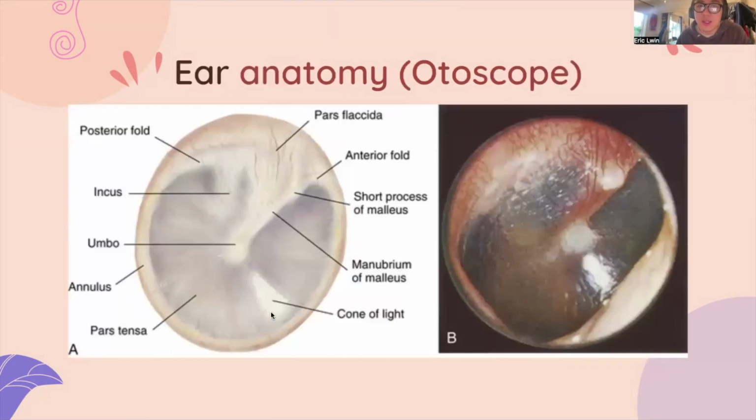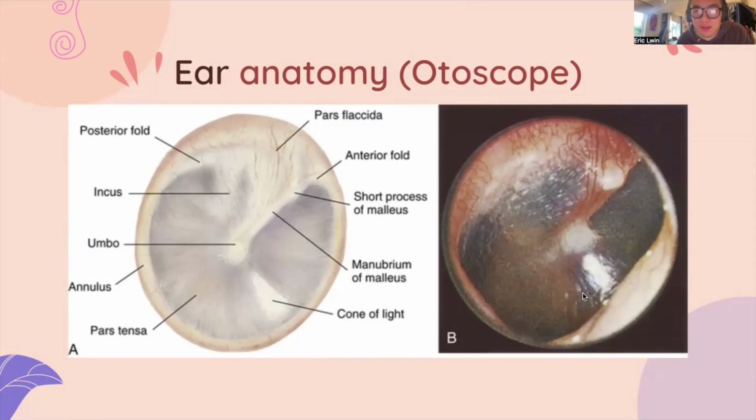In terms of what you see on the otoscope, you have certain landmarks in the ear, like the incus bone, which you can see back here, and the pars flaccida, which is the fleshy tissue that sits directly behind the tympanic membrane. The incus is one of the landmarks you should be able to see.